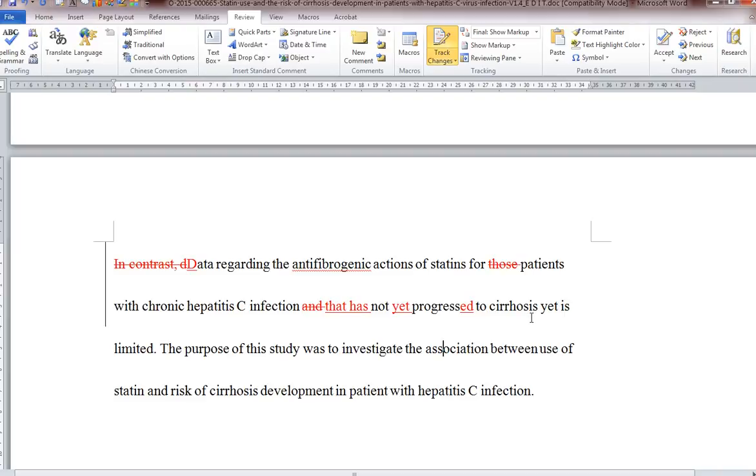Okay. Data in most academic contexts is plural. The singular use is datum. Okay, data regarding this for patients with this infection that has not yet progressed to cirrhosis, yet are. Okay, yeah, this yet is not necessary, obviously.